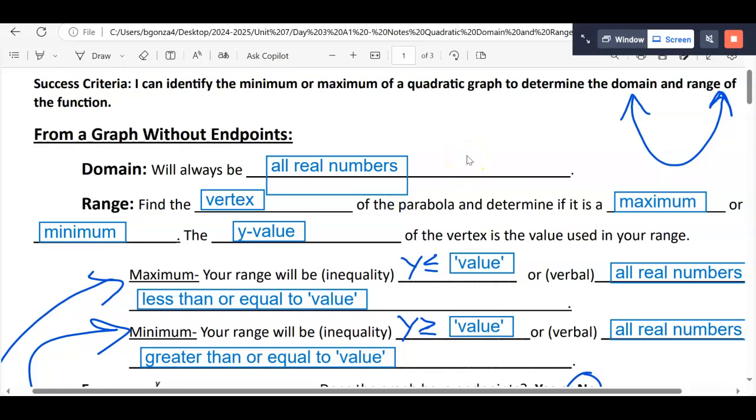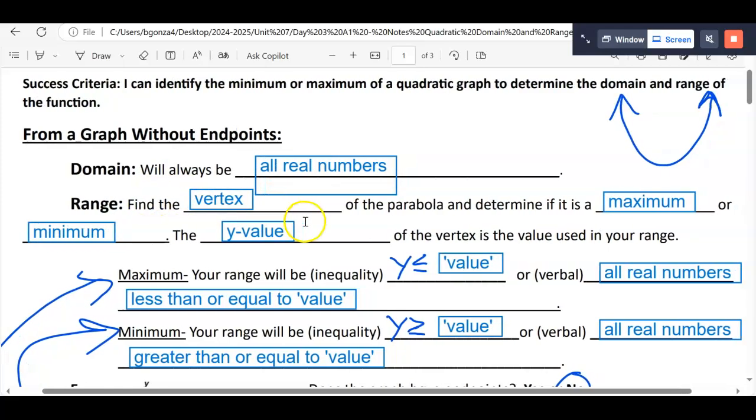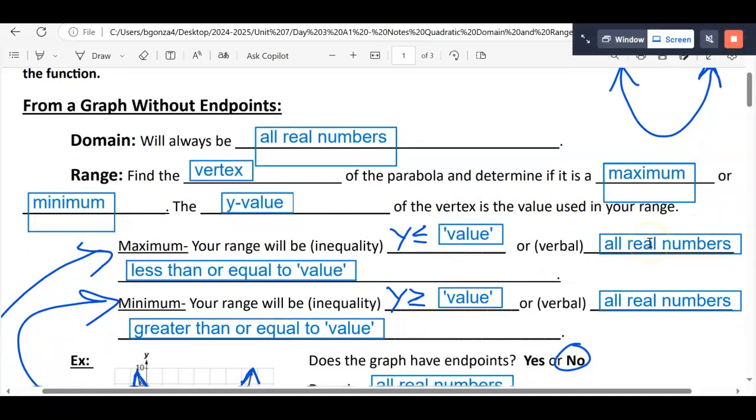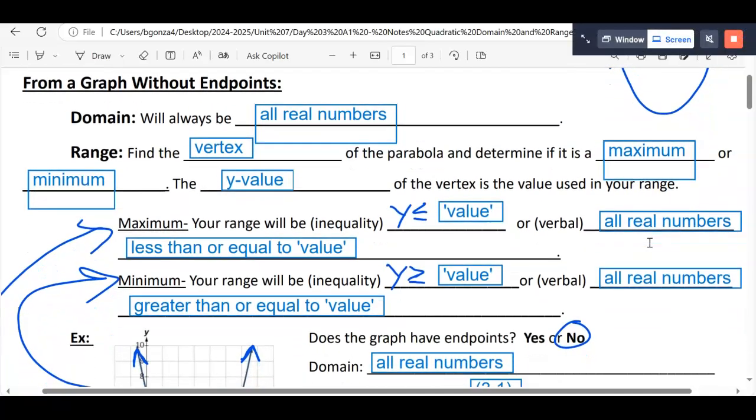Now for the range, you're going to have to find the vertex of the parabola and determine if it is a maximum or a minimum.